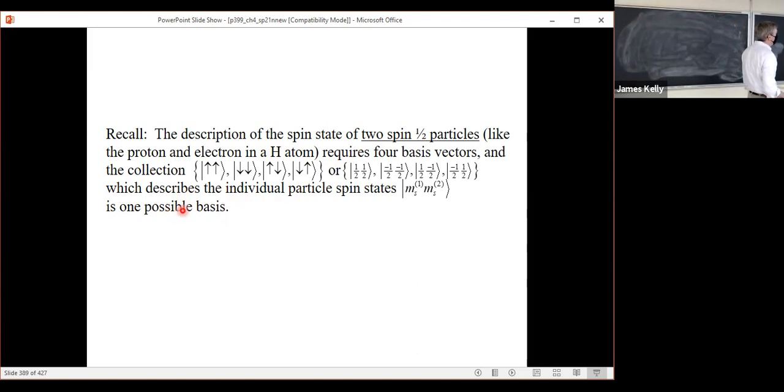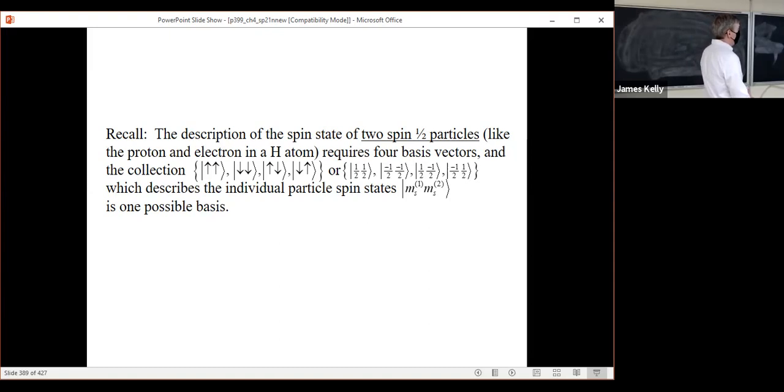One way to do that is by saying, we've picked a z direction in space, doesn't matter which direction it is, but we know that the electron and the proton are both spin 1/2 particles, and that means their little s quantum number is fixed for each one. So we would say S1 equals 1/2, S2 equals 1/2.